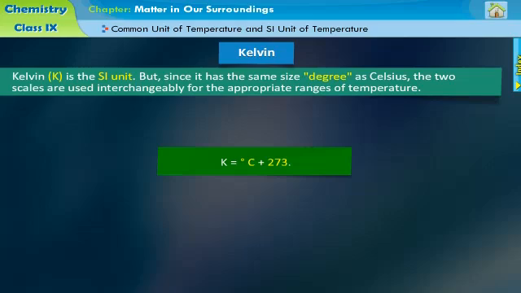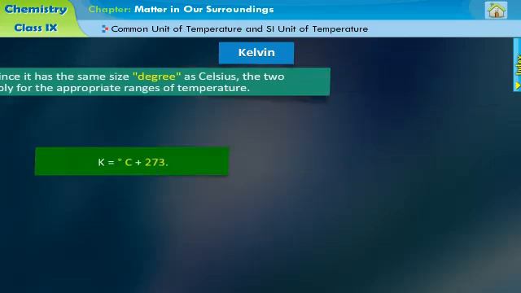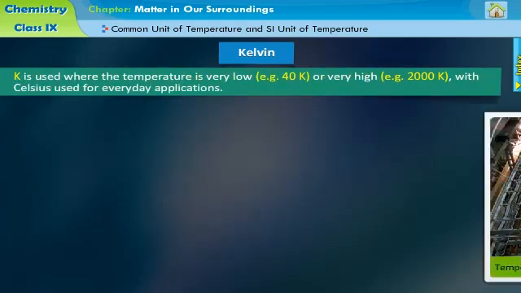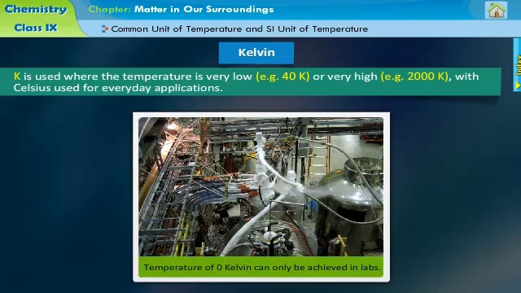Kelvin is equal to degrees Celsius plus 273. K is used where the temperature is very low, for example 40 Kelvin, or very high, for example 2000 Kelvin, with Celsius used for everyday applications.